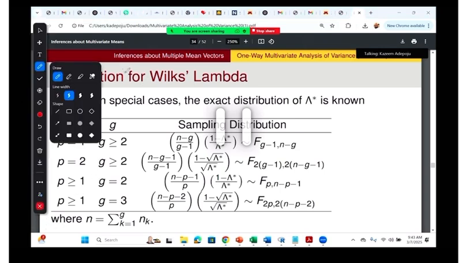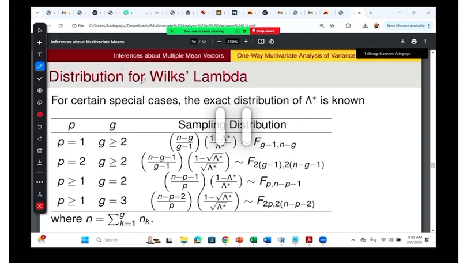After obtaining your Wilks' lambda, you need to get a new statistic. You see the Wilks' lambda in that? G is the number of groups you are comparing, N is the number of observations, and that will follow an F distribution with two different degrees of freedom, G minus 1 and N minus G. Take a look at that. If you want to take a decision now, rejecting the null hypothesis is when that statistic I highlighted is greater than the F you check from the table.